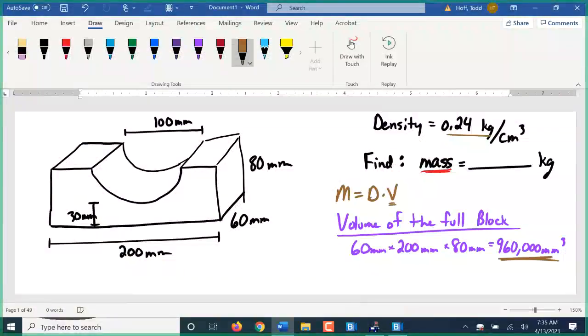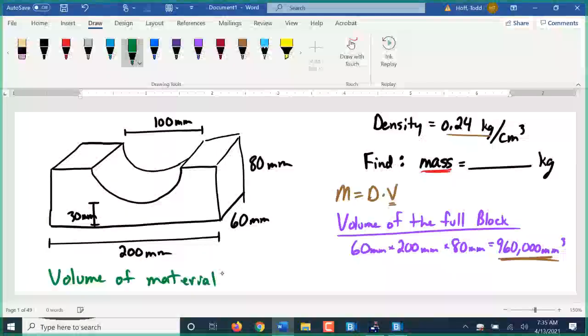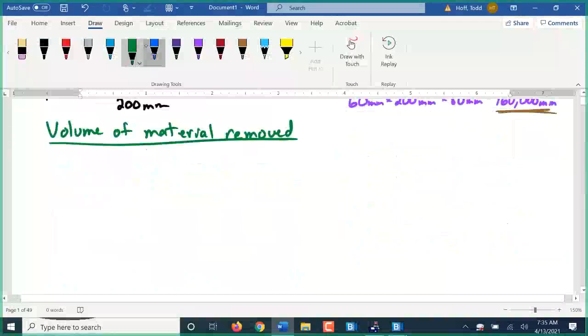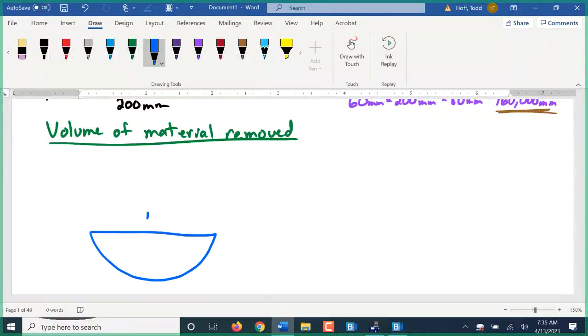To find the volume of the material removed, the first step we're going to have to do is find the radius of that circle. So we're going to draw that out here. We have this that's 100 millimeters, and this is 30 millimeters.